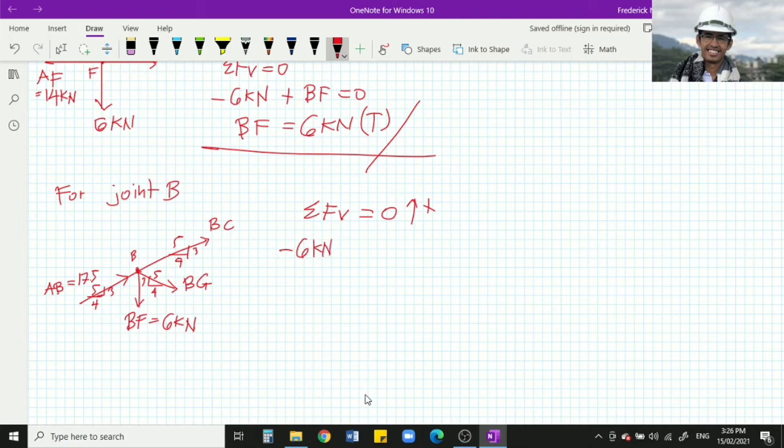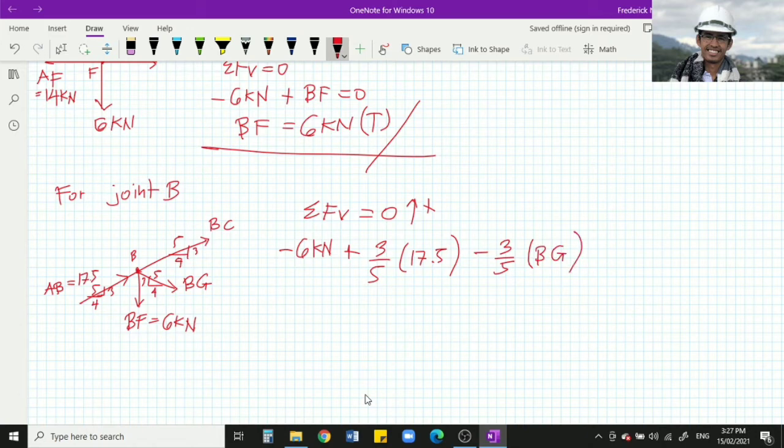And yung vertical force ng AB, so that will be upward, so plus 3 over 5 times 17.5, and minus BG, that will be downward, so that will be minus 3 over 5 times yung BG.